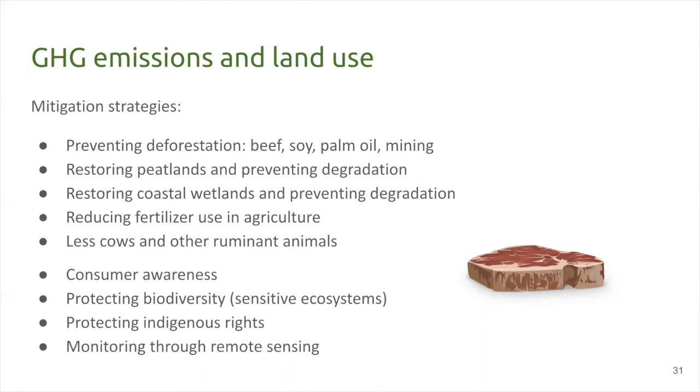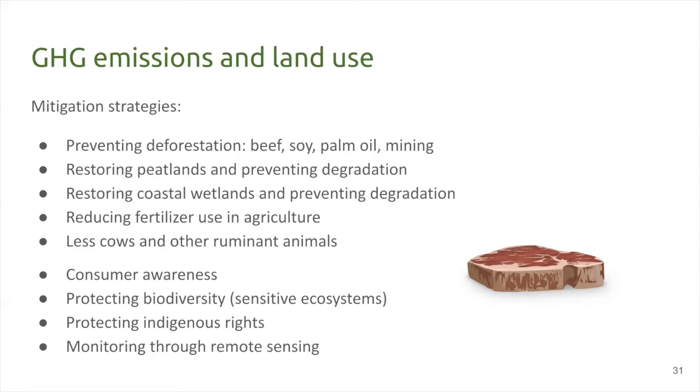Then in agriculture, reducing the fertilizer use. And really importantly, also having fewer cows and other ruminant animals which directly emit methane, a potent greenhouse gas. So consumer awareness here is really critical. And the example of consuming less beef is really where that suggestion comes from, to consume less meat.